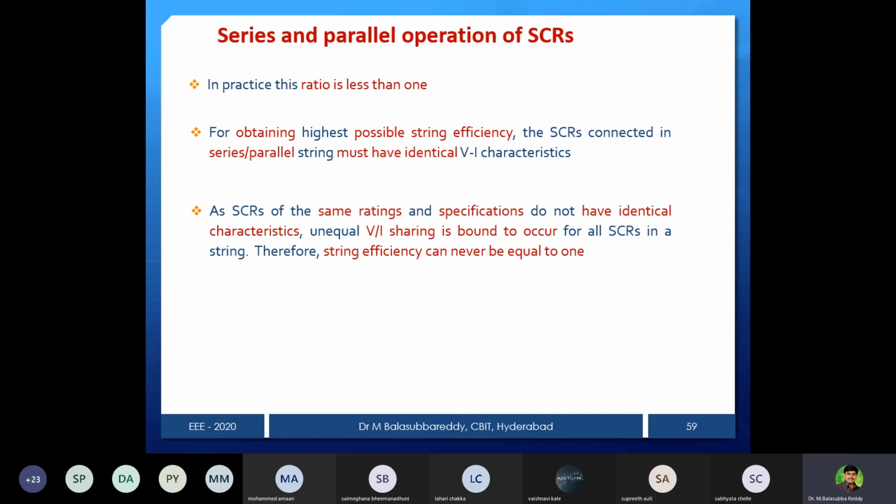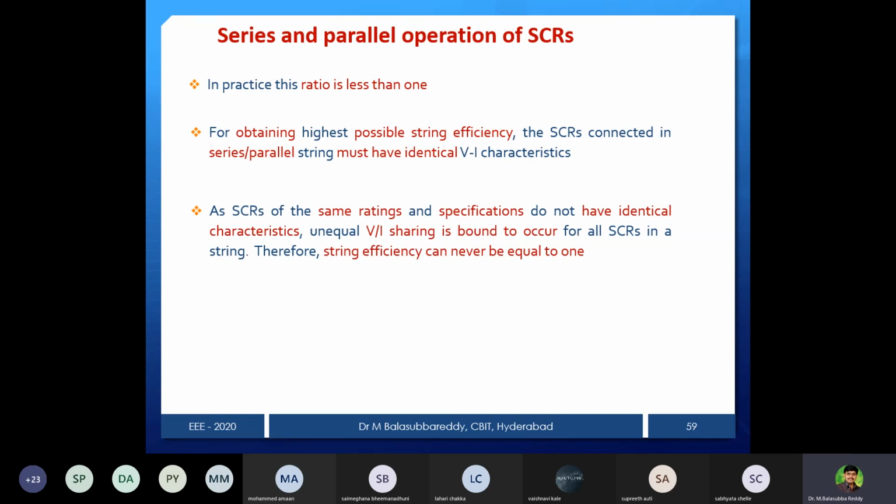If it is not, then the voltage sharing or current sharing may not be equal. Our intention is to make the voltage or current sharing in a string equal. That is our only requirement. But here, even with identical characteristics, unequal voltage and current sharing is bound to occur among the SCRs in a string.